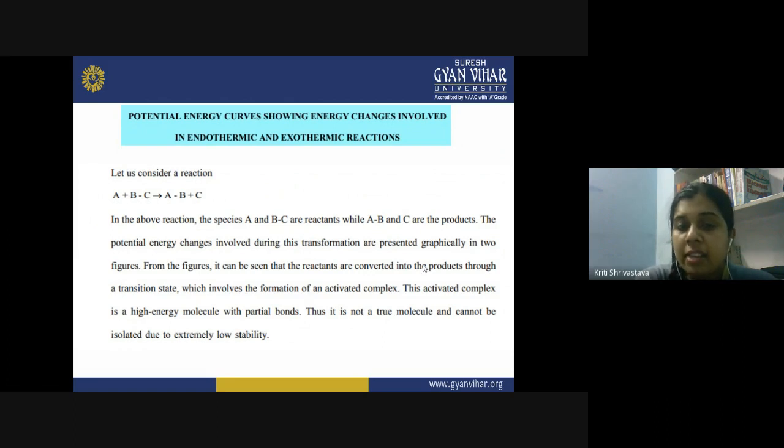Now from the figures, it can be seen that the reactants are converted into the products through a transition state. Whenever any chemical reaction is taking place, you always have a certain transition state involved. And if it has a sufficiently longer lifetime, we just call it an intermediate species.